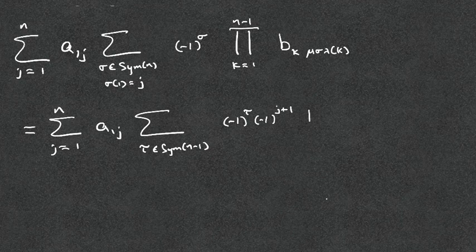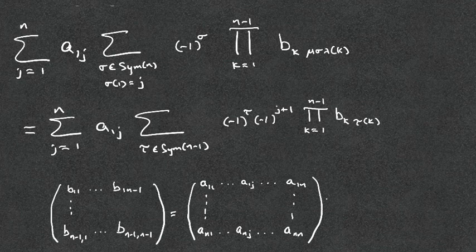Then our product stays exactly the same. K goes from 1 up to n minus 1, b sub k, but then we can write our mu sigma lambda as our tau of k, where these b's are really just an n minus 1 by n minus 1 submatrix where we've gotten rid of the first row and the jth column.